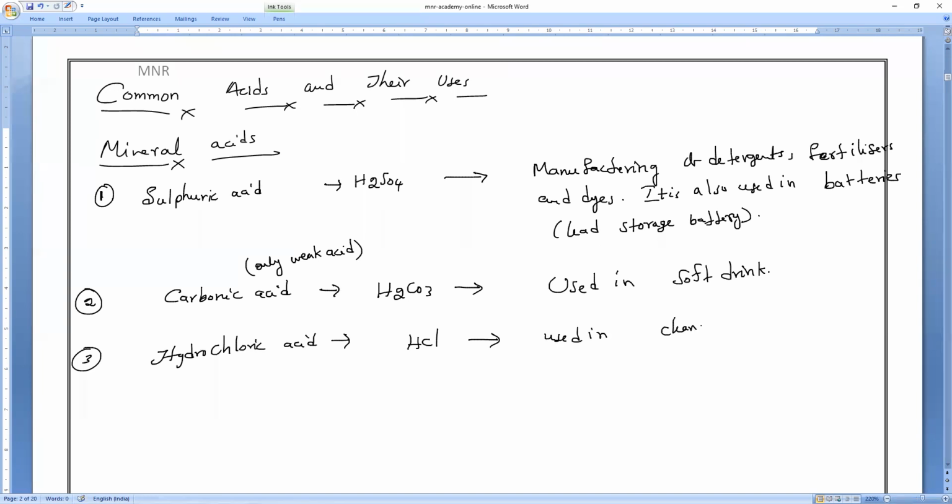So it is used as a cleansing agent, for cleansing of metallic surfaces before painting, and as well as cleaning of what?